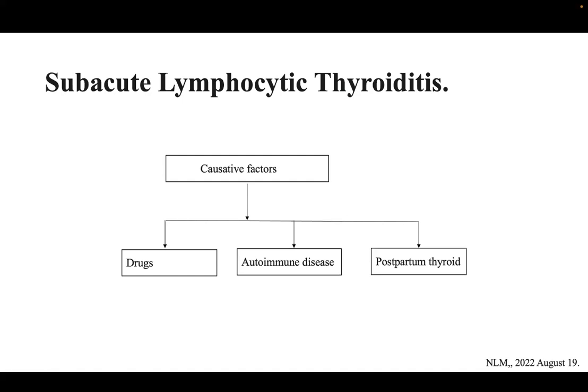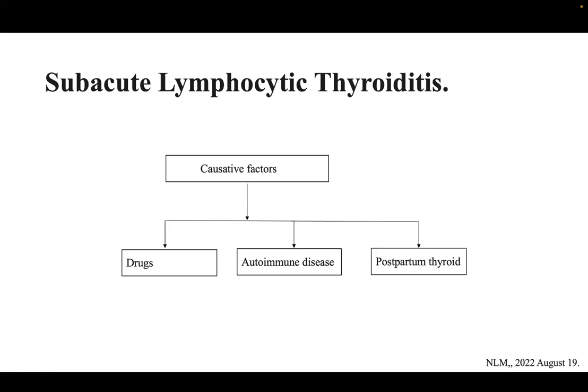The other variant is subacute lymphocytic thyroiditis. Again, here it is characterized by damage to follicular cells, and the features could resemble Hashimoto's thyroiditis. The causative factors include drugs, which could be lithium or interleukin 2.